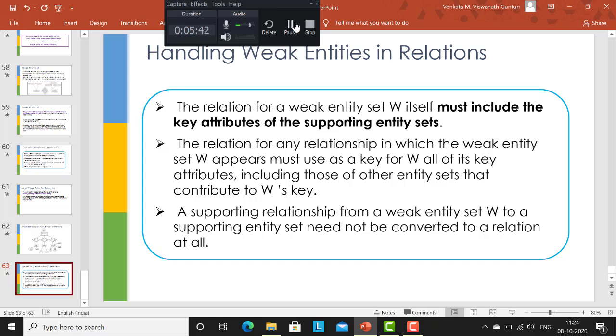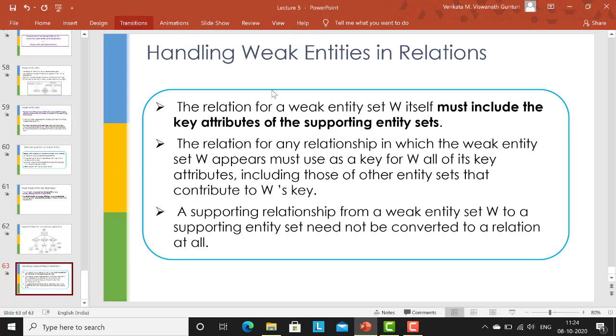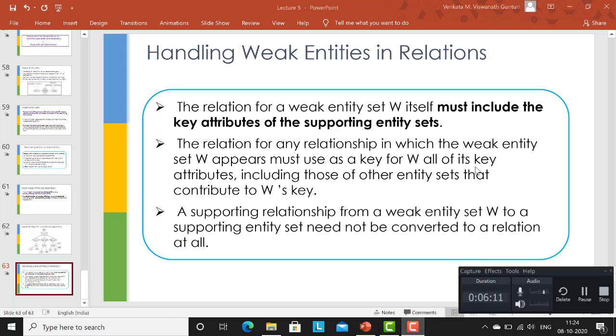Okay, so I think I covered this informally multiple times, right? As I said, when you convert a weak entity set into a table, it should include the key attributes of the supporting entity sets. And the key for the weak entity set would be the combination of the primary keys of the supporting entity sets and whatever discriminator it has.